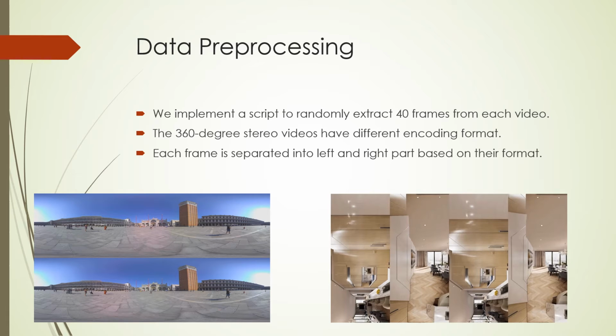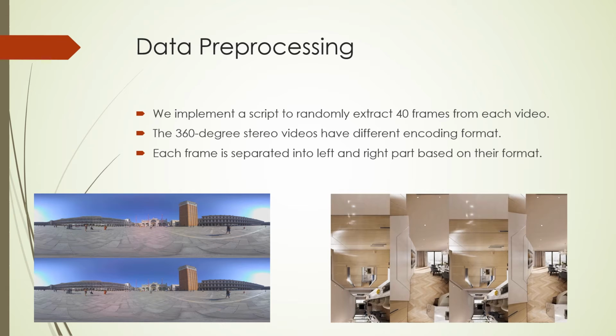And here is the implementation for the data preprocessing step. So basically, we implemented a script to randomly extract 40 frames from each of the videos. An interesting thing worth noting here is that the 360-degree stereo videos have different encoding formats, as shown in the two figures below.